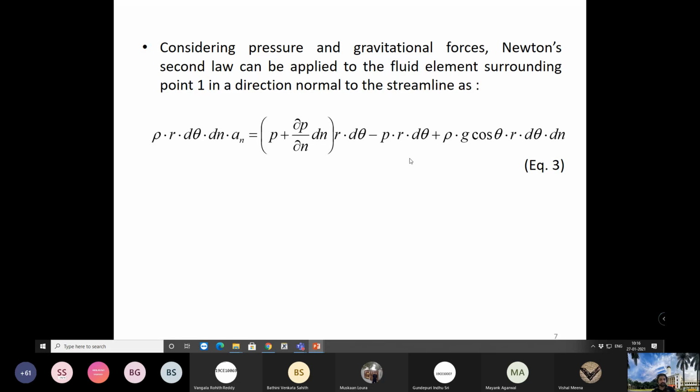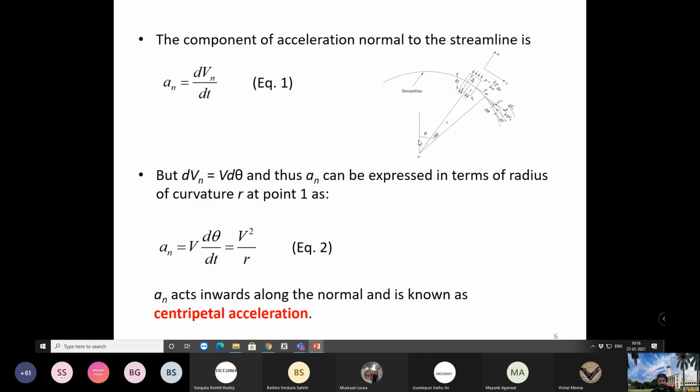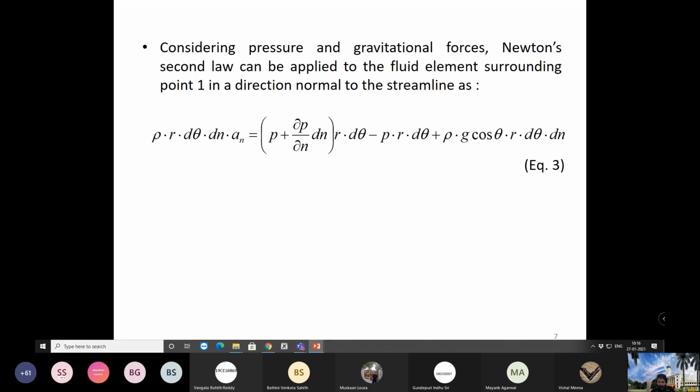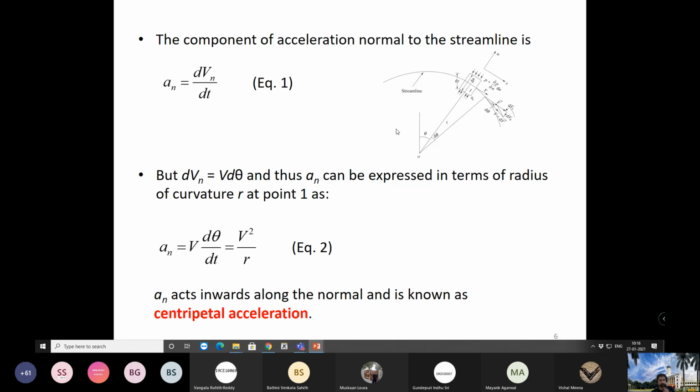It's not the complete area, as you see r d theta, because it's in unit width. Minus P r d theta. This is P plus del P del N, and this is P. And plus the weight is also acting: the component of the weight is rho g cos theta into r d theta dN. So g cos theta is the component of the weight, and rho g cos theta is the component of it in the n direction. You see again, this is theta, so if this is the weight, this will be the weight cos theta.